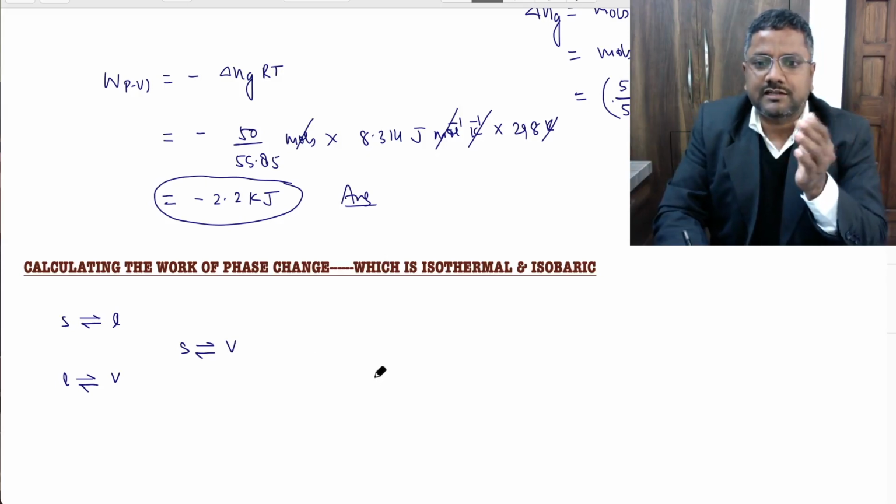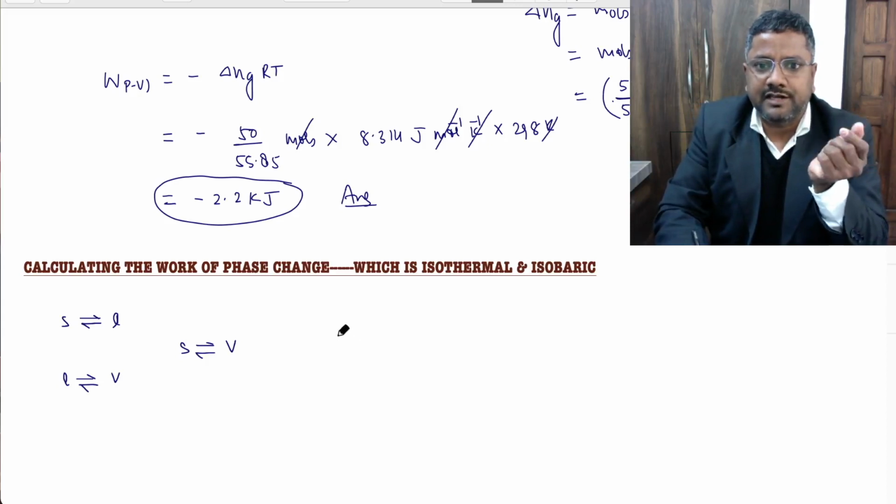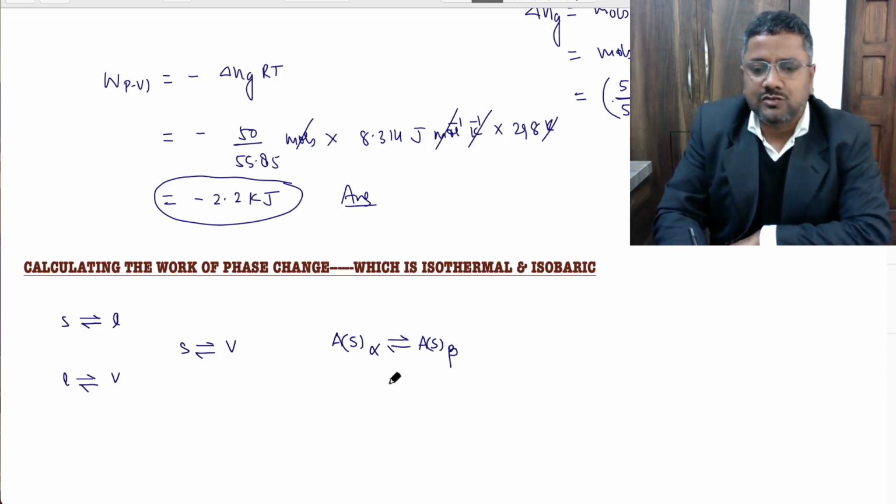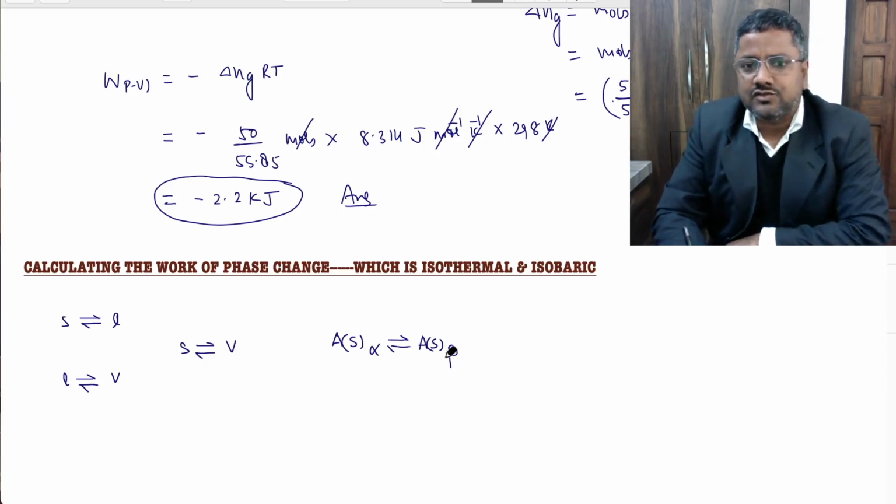Suppose some solid A is there, in its crystalline form, say alpha, and it is converted into the same chemical species A, solid, but with some other crystal structure, beta, right? So solid to solid is also a phase change.